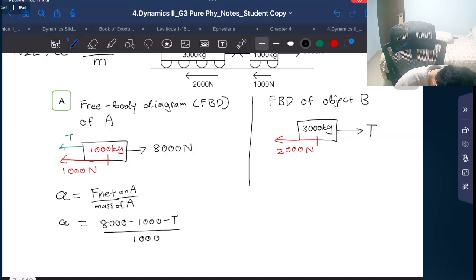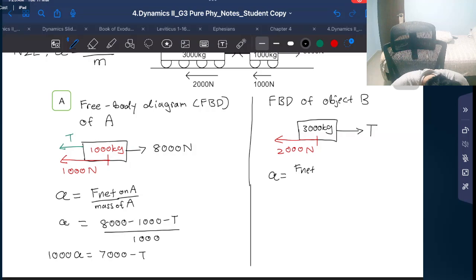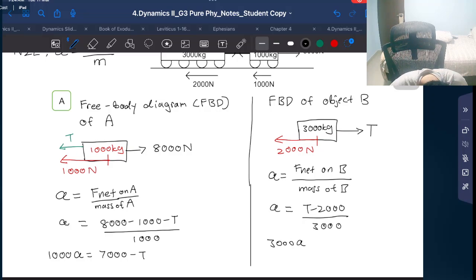Then you can get 1000A equals 7000 minus T. Then for B, you can do the same thing: A is equal to F net on B over the mass of B, and you get T minus 2000 over 3000.